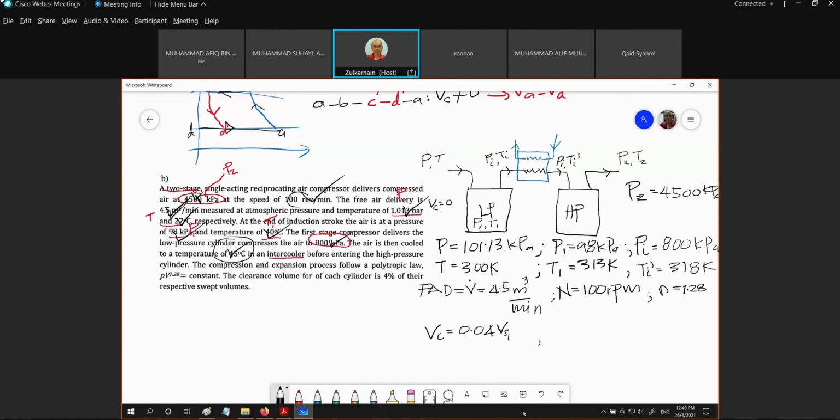And then again the same VC for the second cylinder is 0.04 Vs for the second cylinder. I'm not going to use 2 as a subscript since it's already used. Let's put low and high. Let us define the appropriate symbol that we are going to use. This is for low. This is for high.